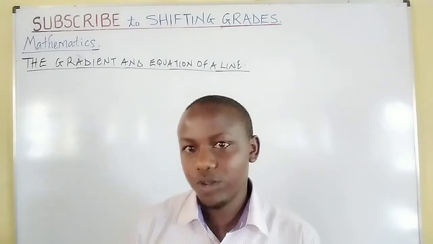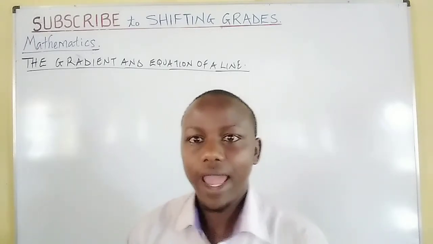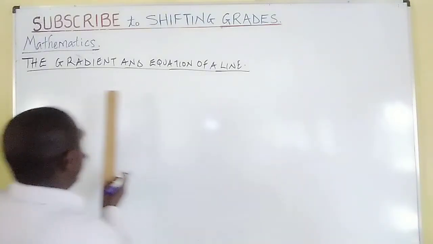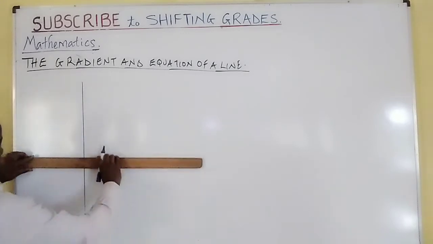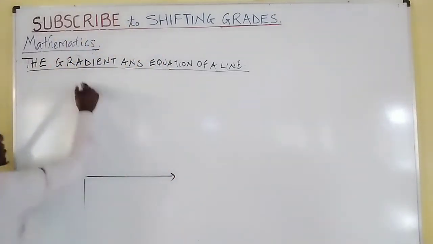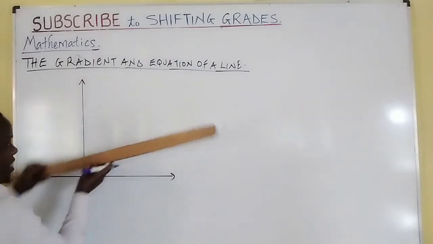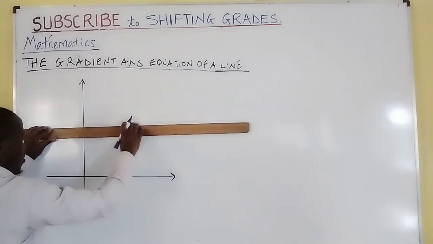Therefore, before we get to the equations of a line, I would like us to know what a gradient is. And we know very well that with reference to the Cartesian plane, a line might be very straight with no slope.